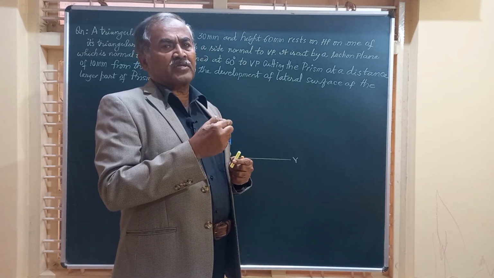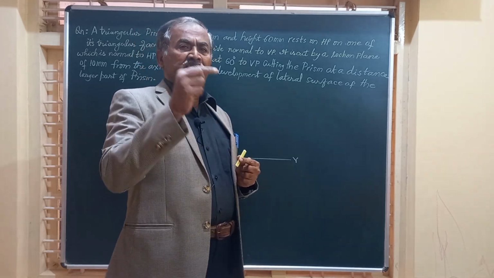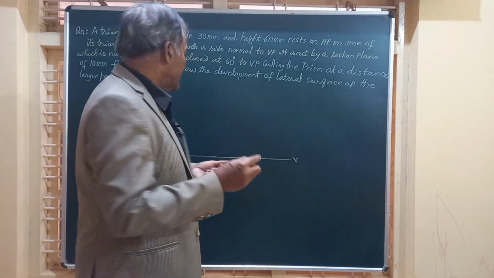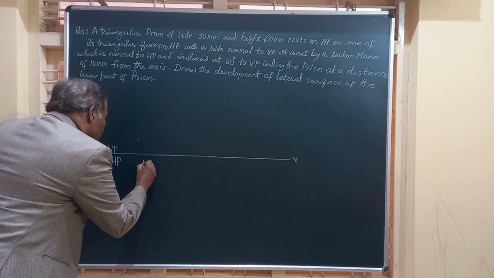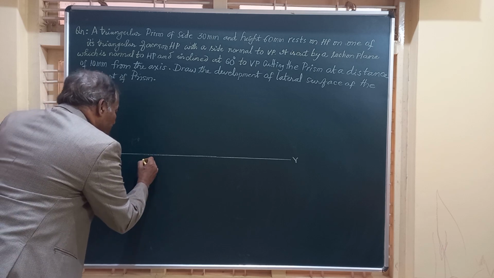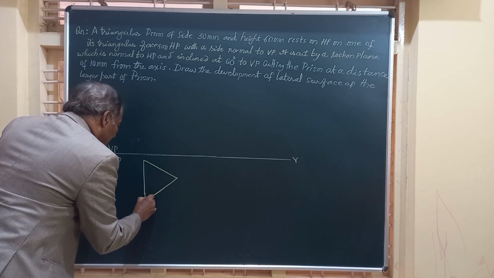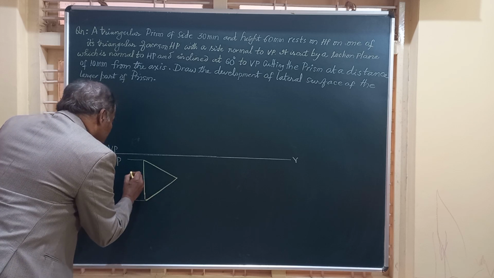So very obviously, friends, the top view is seen as an equilateral triangle with side equal to 30 mm. So let me mark the top view of the prism, an equilateral triangle of side 30 mm. So this is 30 mm.